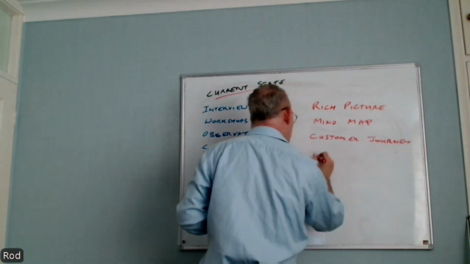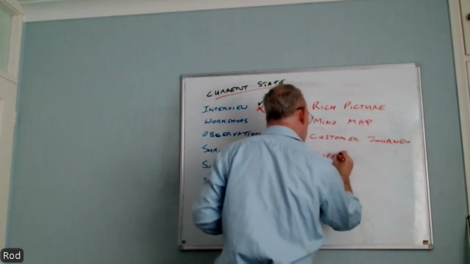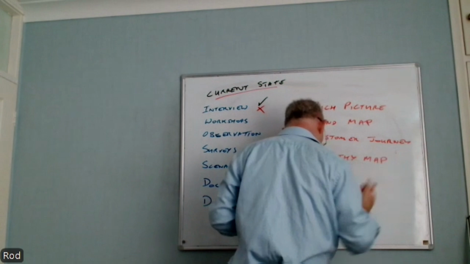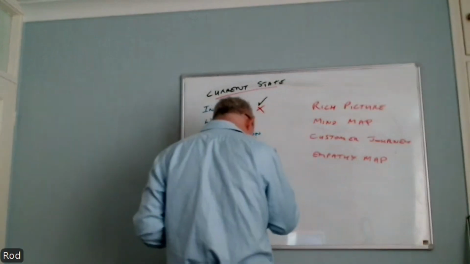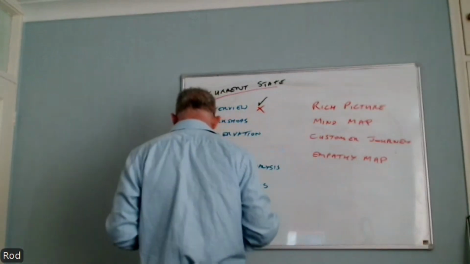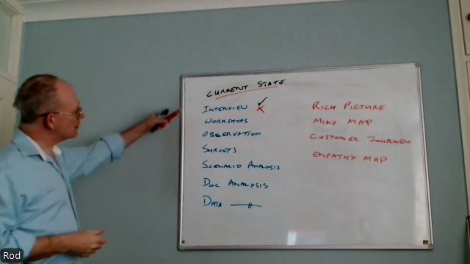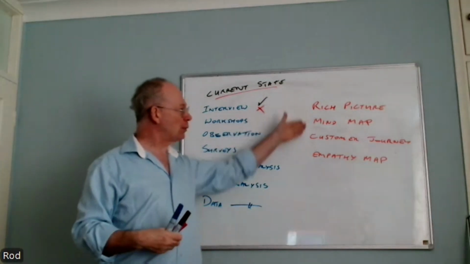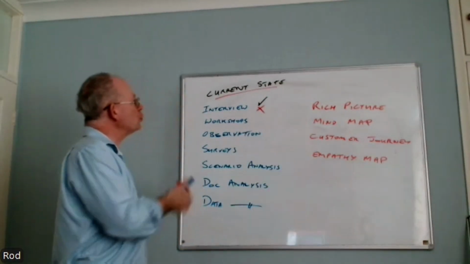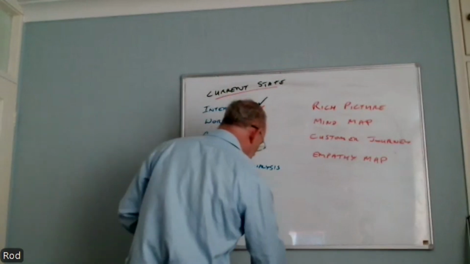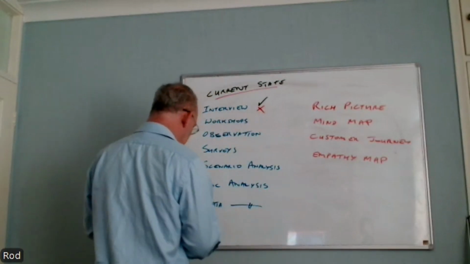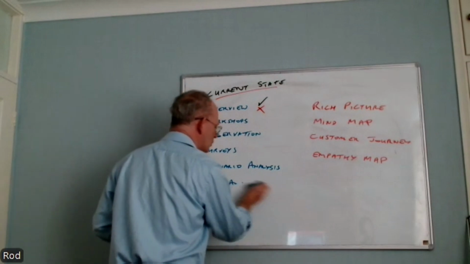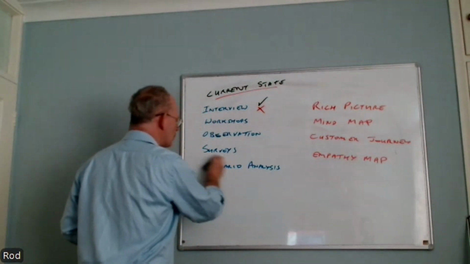Or even as an empathy map. So this is how we gather the information, and this is how we document it. It's all to get at the current state, because we need that current state, even if it's acknowledgement that we're not doing much about it at the moment. It's still a gathering of the current state.